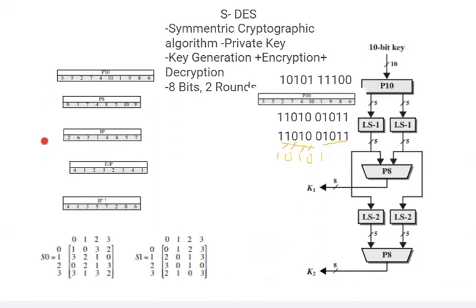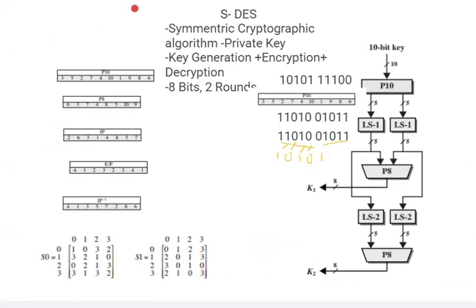This is the initial permutation which we used initially. Then this is the expanded permutation. The name itself indicates that a few bits will get repeated. Which bits we have to repeat is defined by the permutation operation, and the substitution boxes are defined over here.